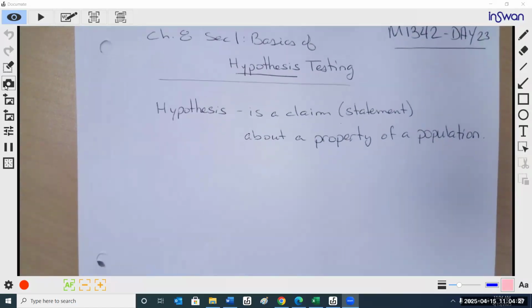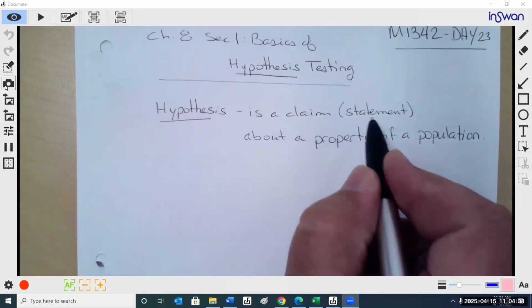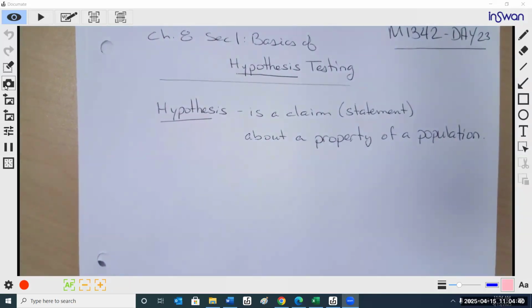Because remember, you're always trying to determine what is happening with the entire population. So a hypothesis is a claim you're making about the population. And there are two parts. We'll talk about this later on.